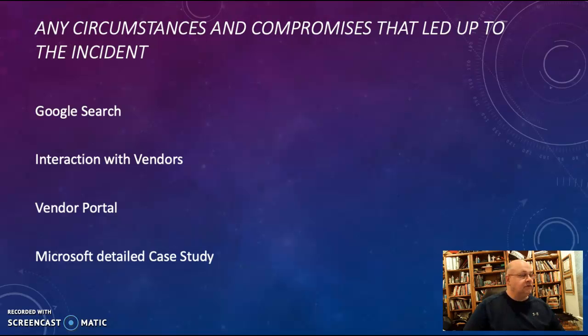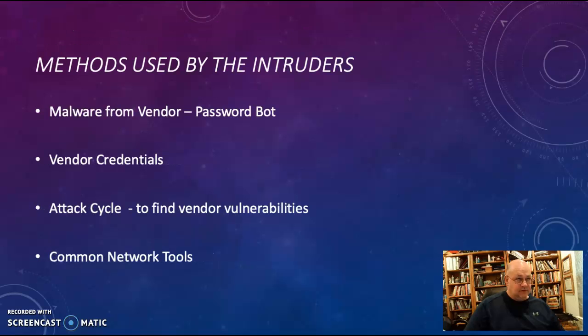Next, we move to methods used by the intruders. Let me get you on the right slide. So, including malware from vendors, a password bot, vendor credentials, attack cycle that was used to find the vendor's vulnerabilities, and then common network tools.